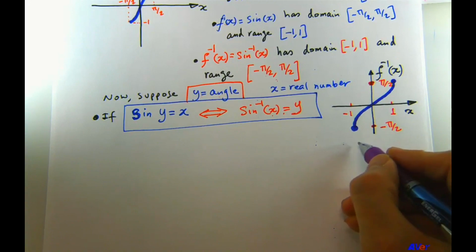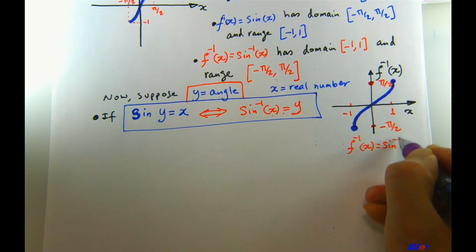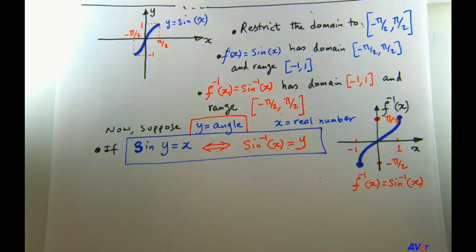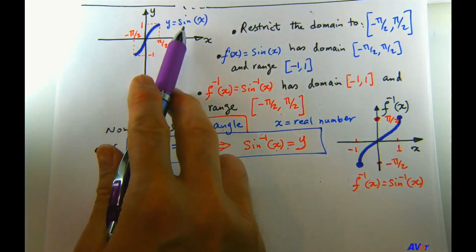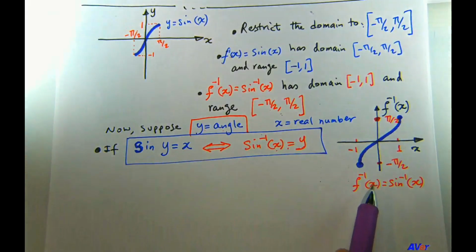So this would be f inverse of x equals sine inverse of x. This is the graph of sine of x, and this is the graph of inverse sine of x.